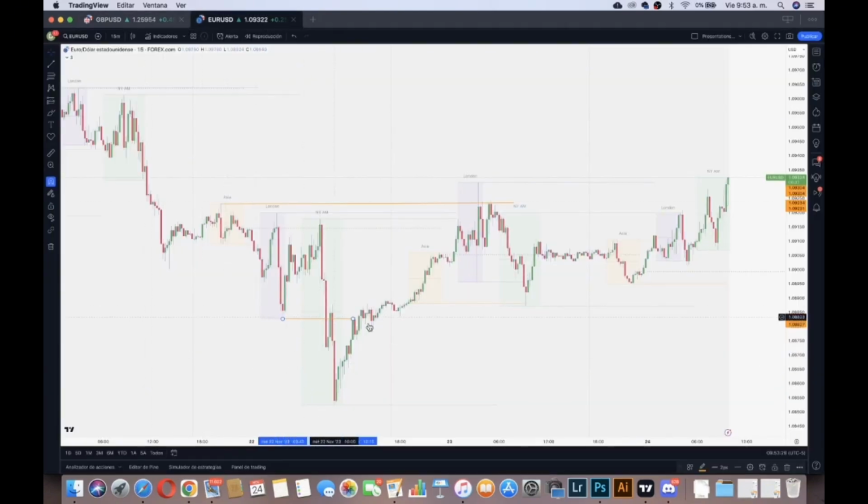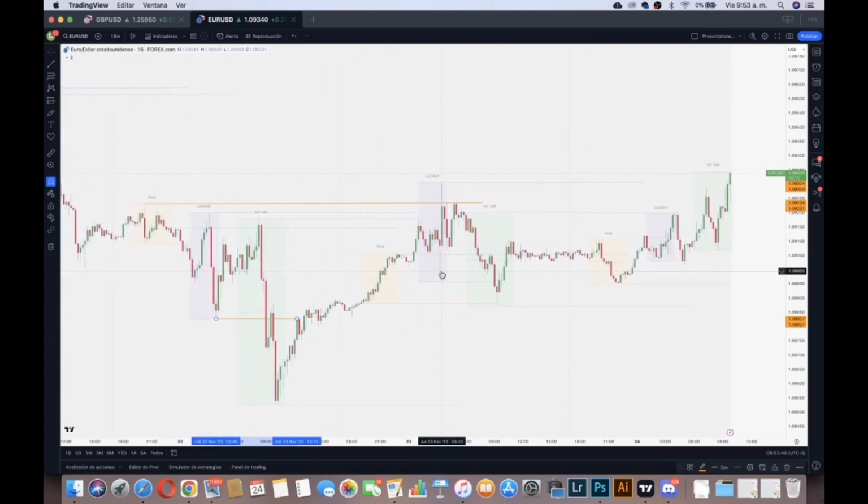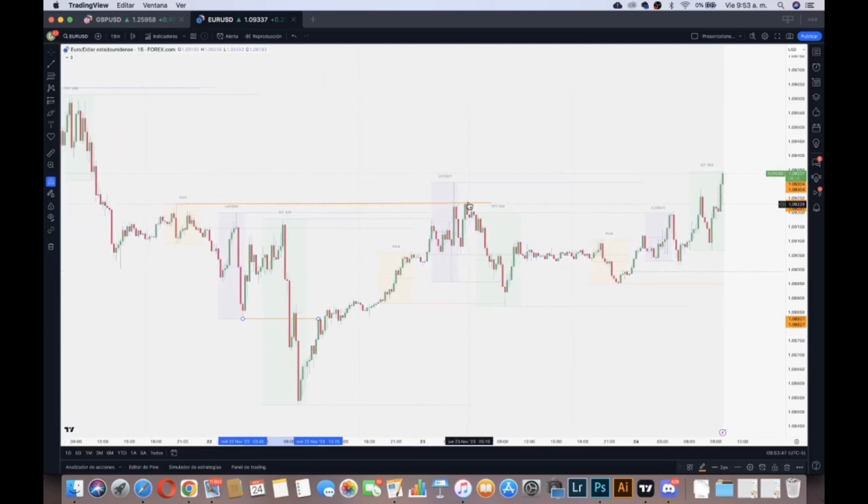So after that, and after we saw the change in the structure again from bearish to bullish, then our target was to be the daily liquidity. It was taken, and see how it beautifully closed the candles below.